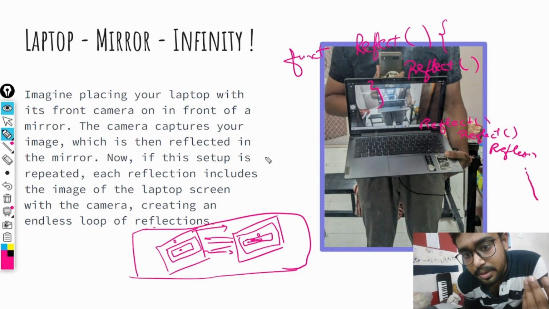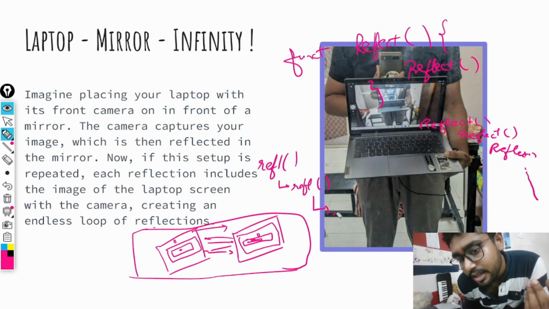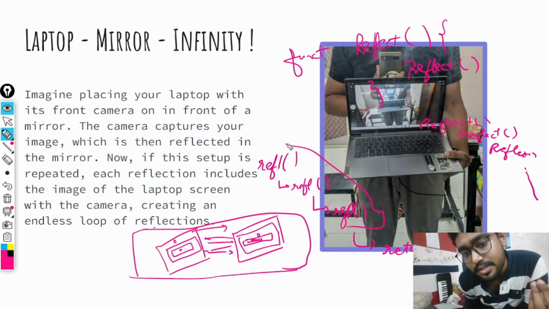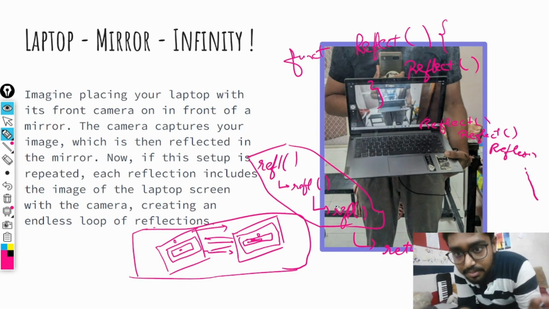So here what happened was reflect in mirror was called, and the image was clearly visible, so again reflect in mirror was called. The image was clearly visible, so again reflect in mirror was called, but this time the image was not clearly visible, so it returned. And what return means is, it reflected 3 times properly, and then we said no, now reflection is not happening because we don't consider it as reflection if the image is not clearly visible.